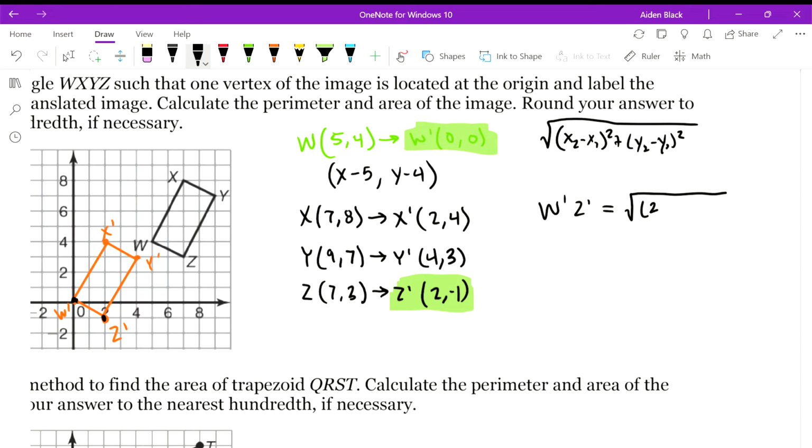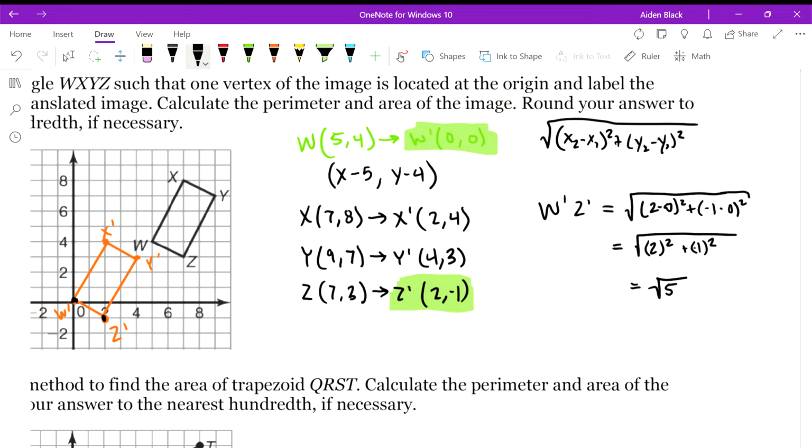So this should be 2 minus 0 squared plus negative 1 minus 0 squared. And you'll notice that because W prime is at 0, 0, you're really just looking at squaring both of these numbers. 2 squared is 4, and negative 1 squared is 1, so 4 plus 1, which is just 5.